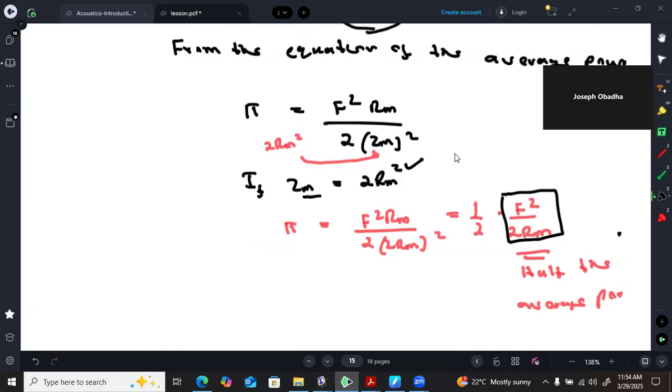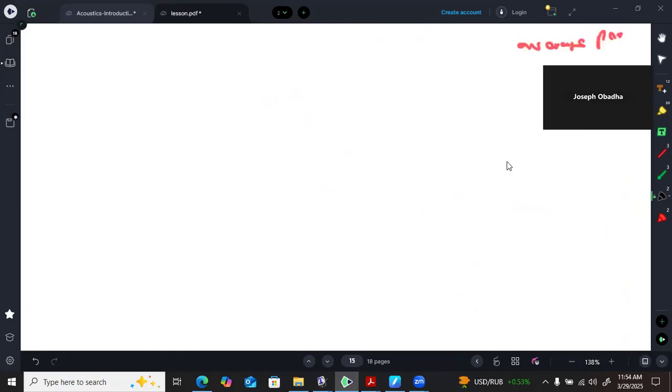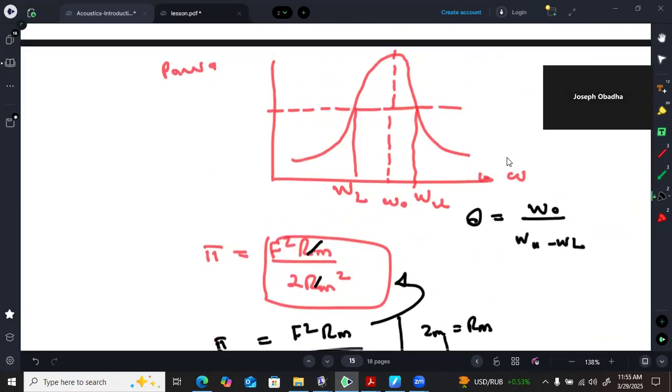But what we can see is that this power will actually correspond to this point, the half maximum power at this point. So if we substitute Zm squared equal to 2Rm squared, then the power we get is at this point.